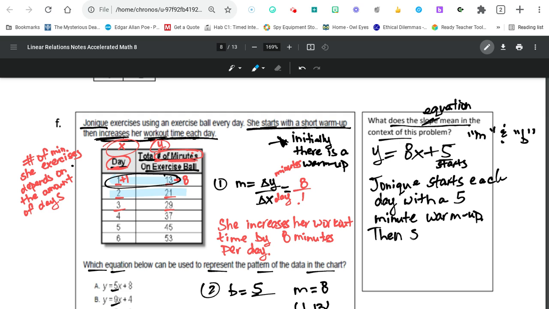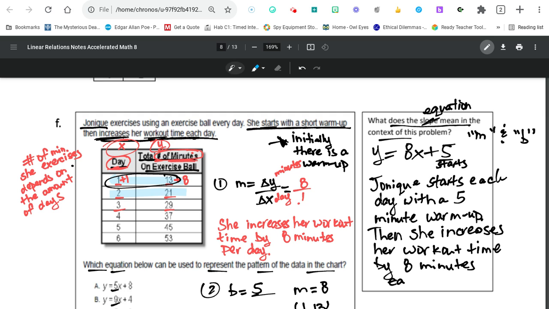Then she increases, would help if I spell it right, increases her workout time by 8 minutes each day. And you can go back to your table and check it and see.